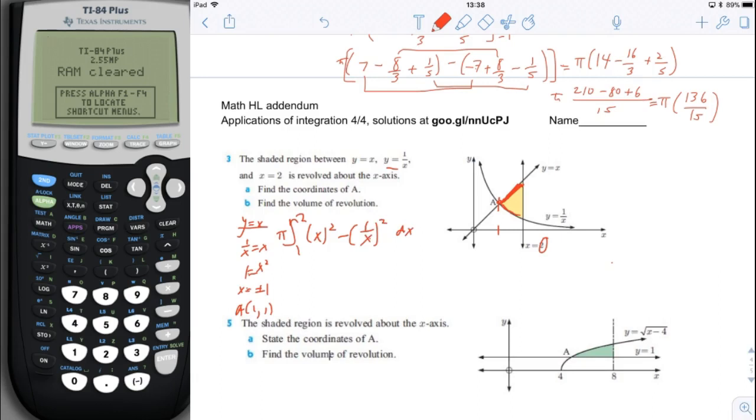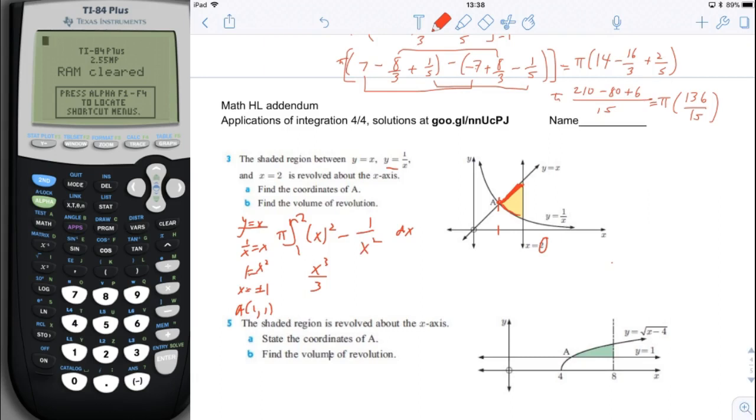And so first thing we're going to do is take the integral of x squared, which is just x cubed over 3. And then we're going to look at the second function. I'm going to rewrite the second function. Instead of 1 over x quantity squared, I'm going to put 1 squared, which is just 1, over x squared. And this is the same thing as x to the negative 2.